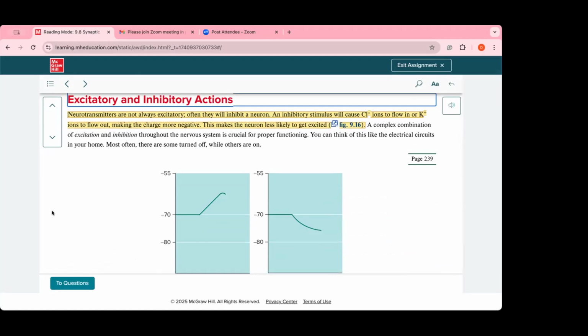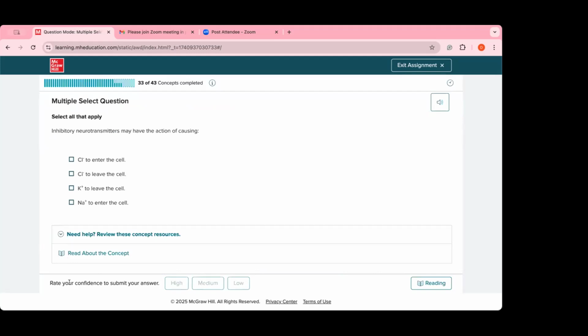An inhibitory stimulus will cause chlorine negative ions to flow in or potassium positive ions to flow out, making the charge more negative. This makes the neuron less likely to get excited. So chlorine negative in or potassium out.